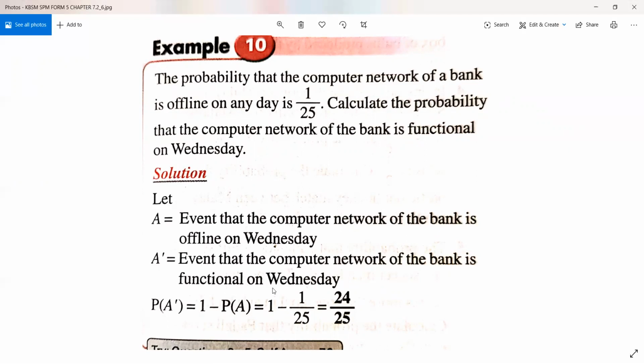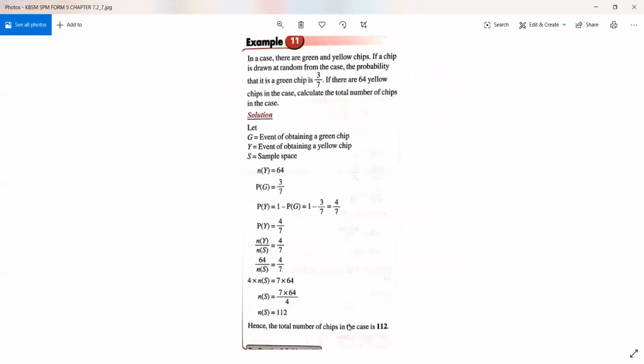So the probability of A prime is 1 minus the probability of A, so 1 minus 1/25. The answer is 24/25.